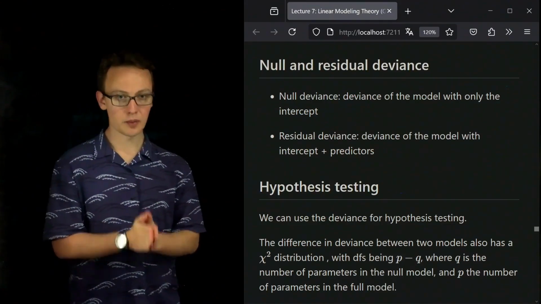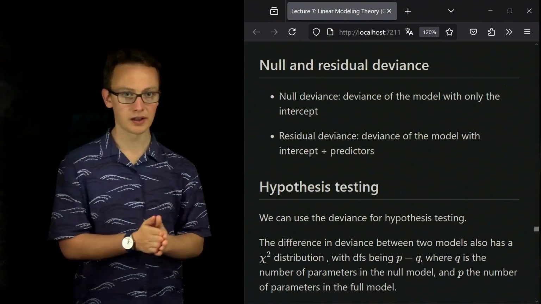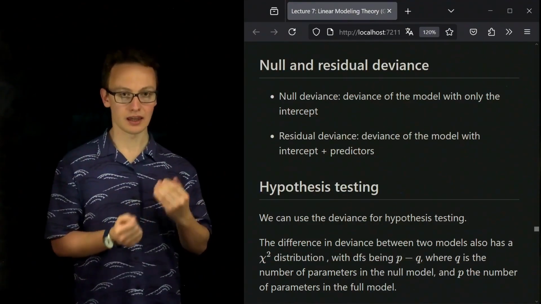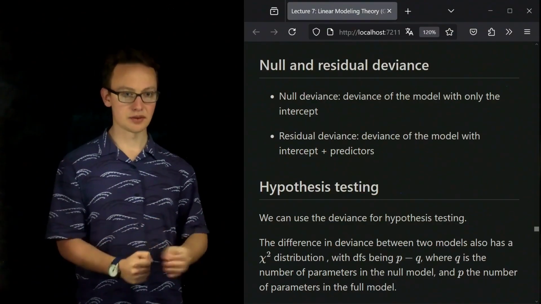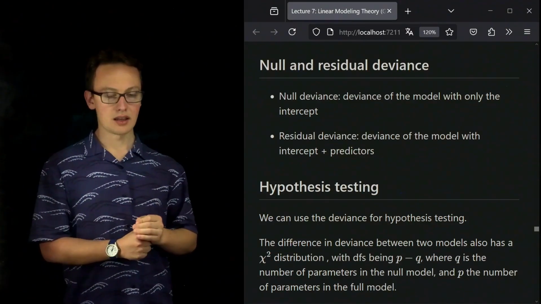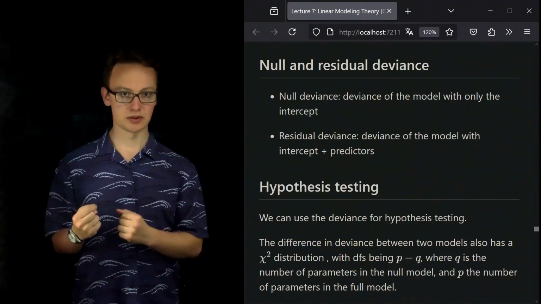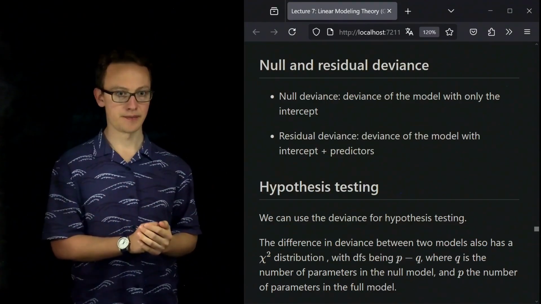The idea being that we want to find out whether adding our predictor of interest into the model significantly decreases the deviance, aka increases the goodness of fit, or not. The fact that we can exploit to do this is that even differences between deviances follow a chi-square distribution. Not only deviances themselves, but also differences between deviances.